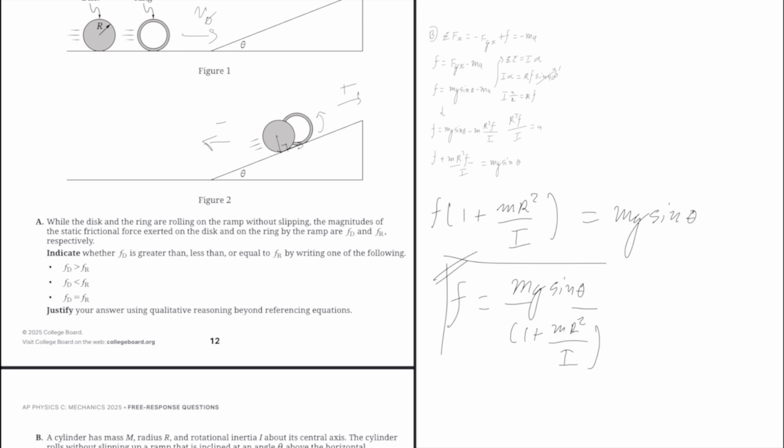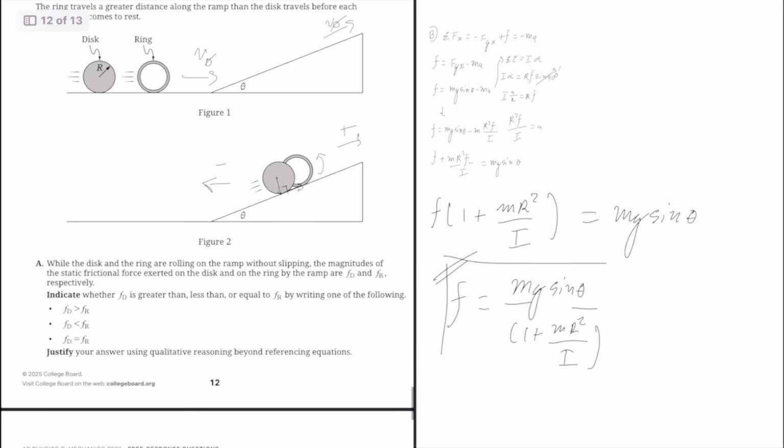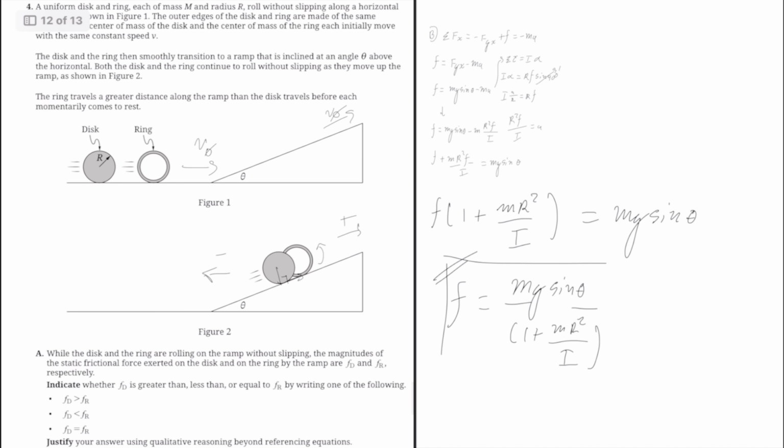So always pay respect to the direction of the acceleration. And you can also reason out why the ring would have less or greater static force of friction. As I goes to infinity, if I have greater and greater I, this term will get closer and closer to 0 and this number will get closer and closer to 1.